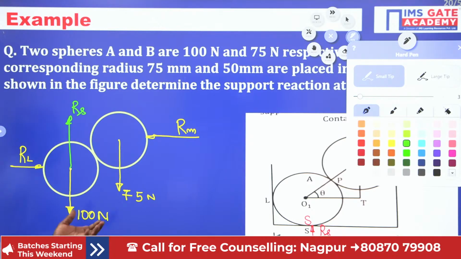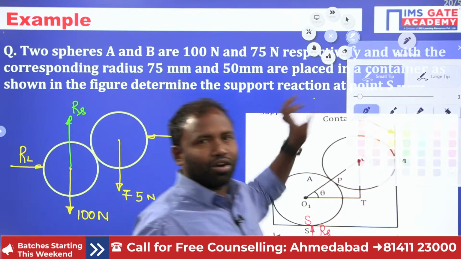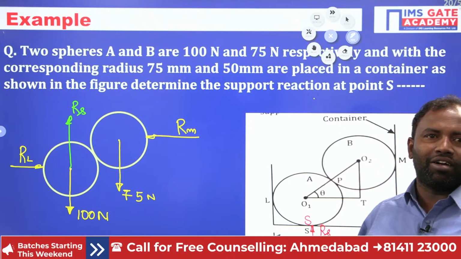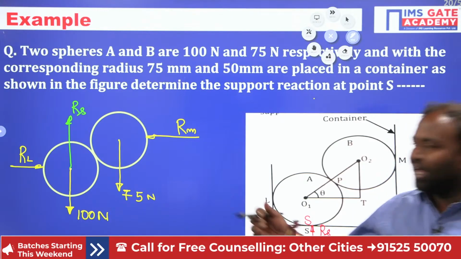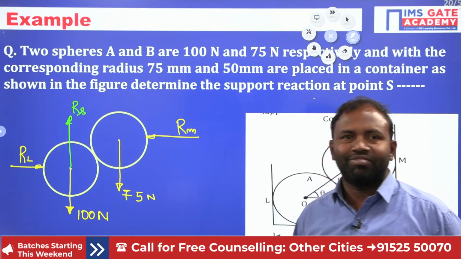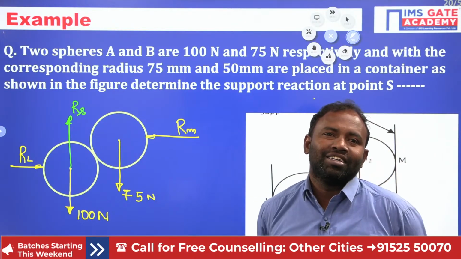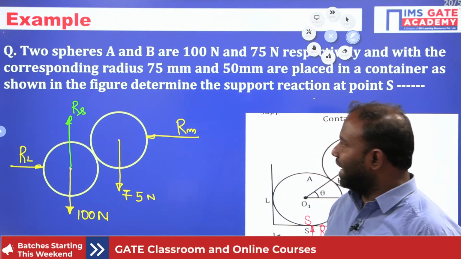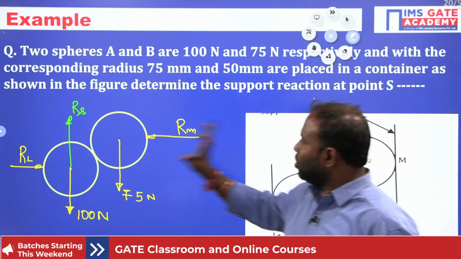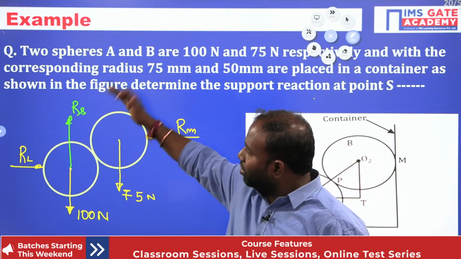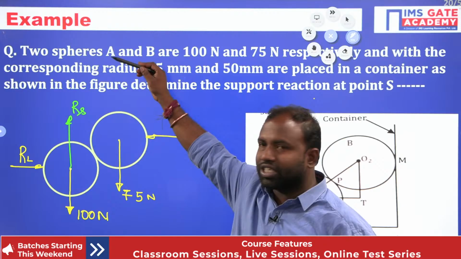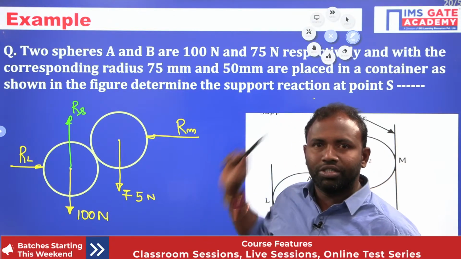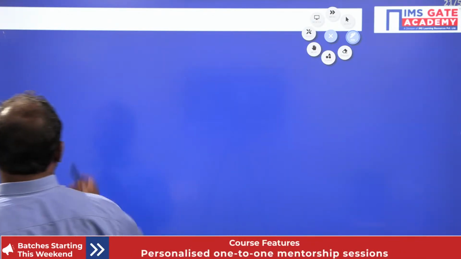Now see how simple we can draw this. If I apply sigma Fy equal to 0, then I can get RS directly. So this is the combined free body diagram of A and B. If I apply sigma Fy equal to 0, upward forces minus downward forces equal 0.